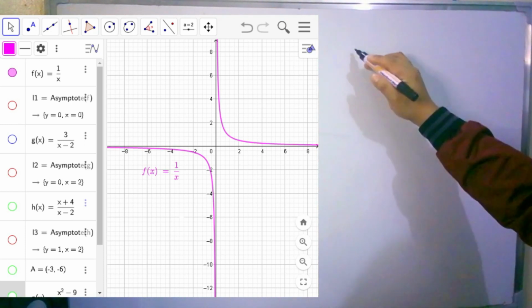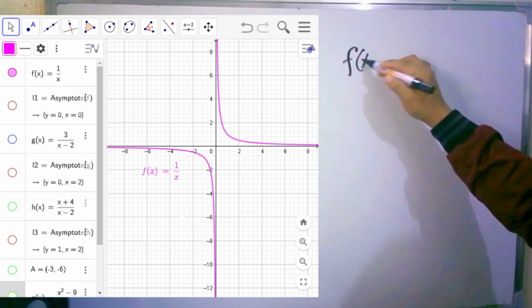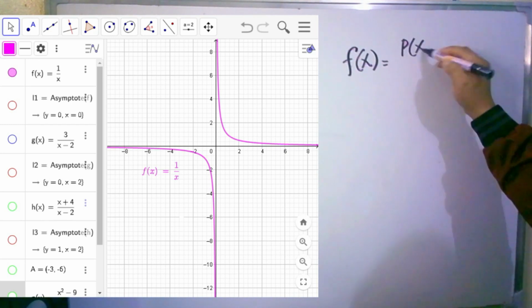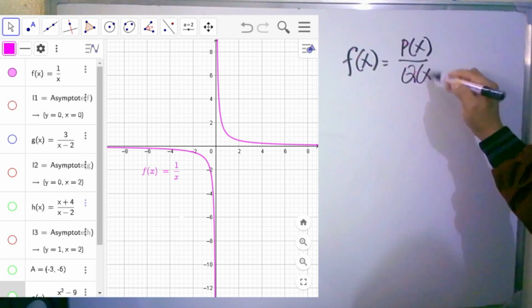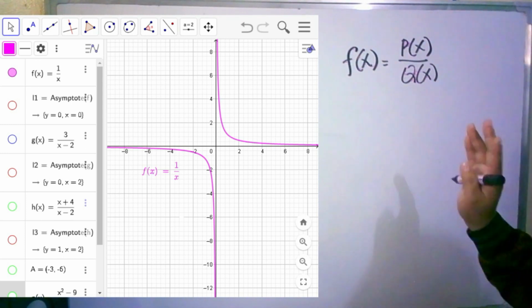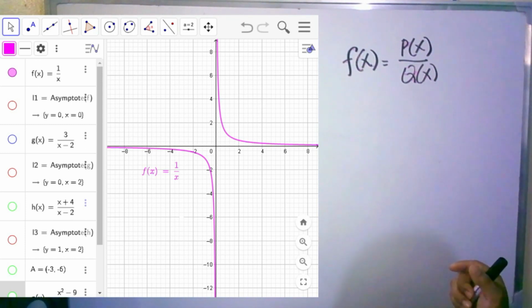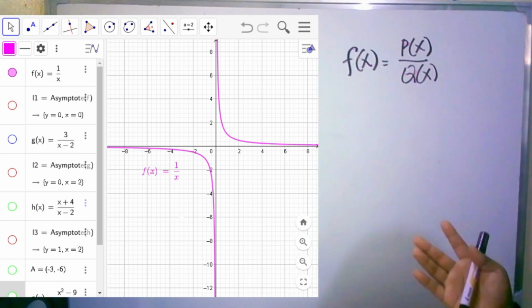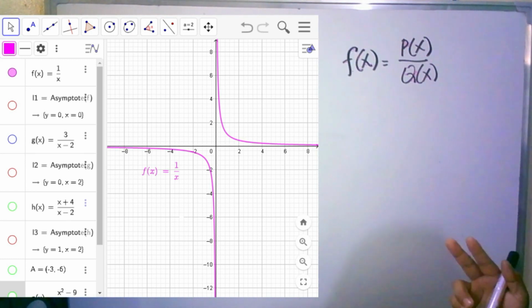So by notation, the general form is, this is a rational function, p of x over q of x. So what are p of x and q of x? Those are functions, specifically polynomial functions. Parang fraction lang natin na dalawang polynomial function, yun yung ibig sabihin ng rational function natin.